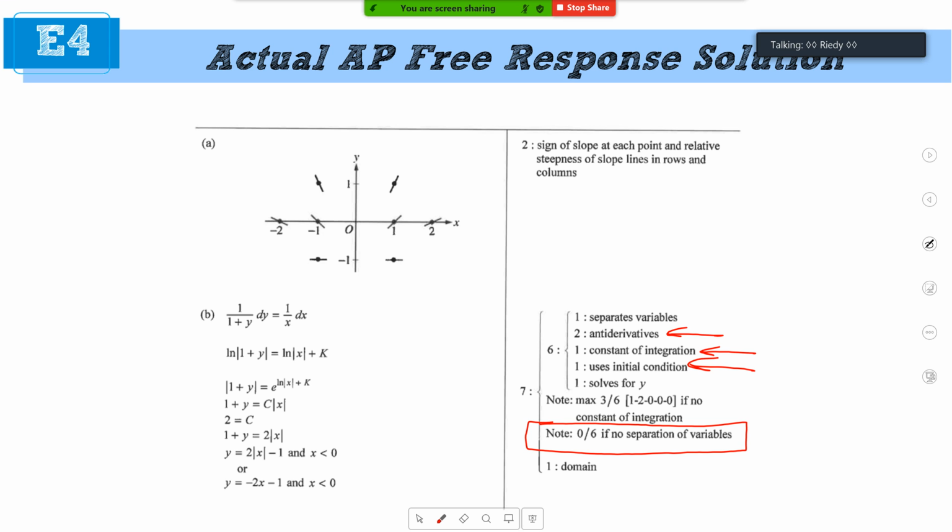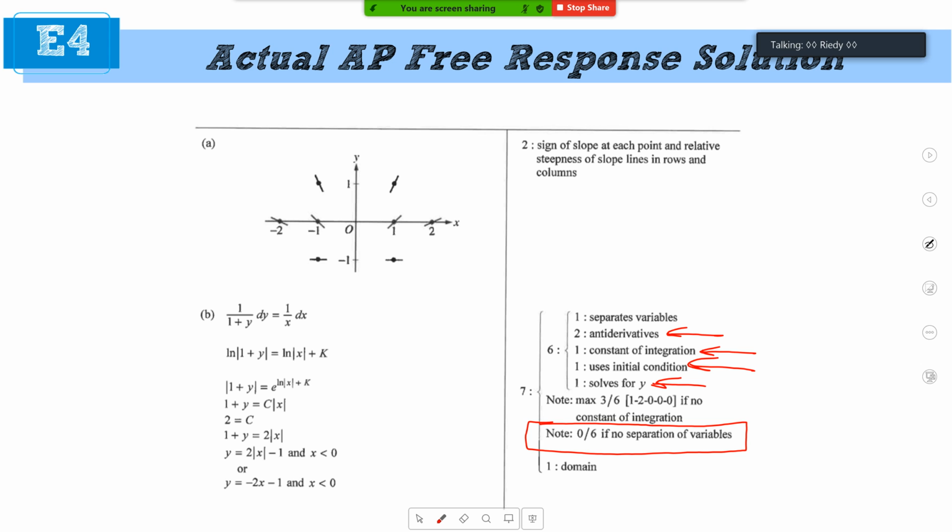This next point is by using the initial condition. Going up to the original problem, negative 1, 1 is the point. They plugged in negative 1, 1 and found the values for y. This isn't a square root problem, so what we talked about in the previous problem doesn't come into play. But then, of course, solving for y gets you that 6th point.